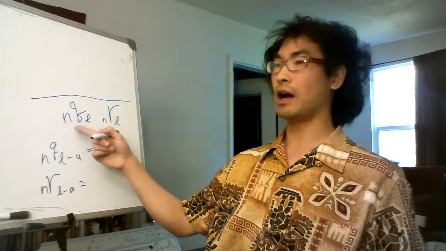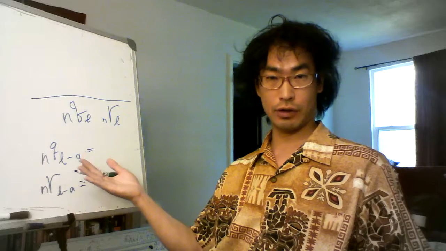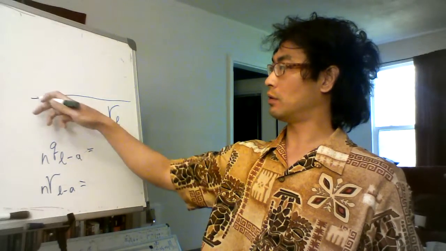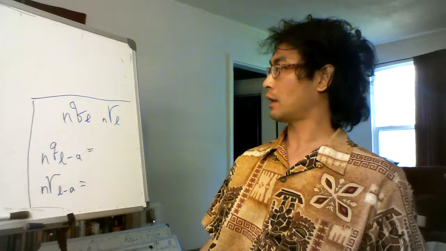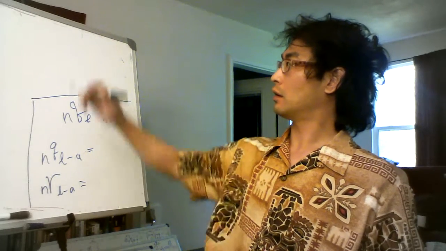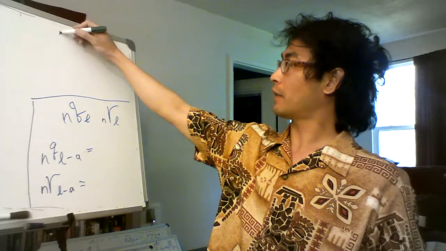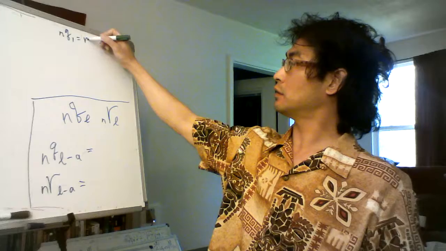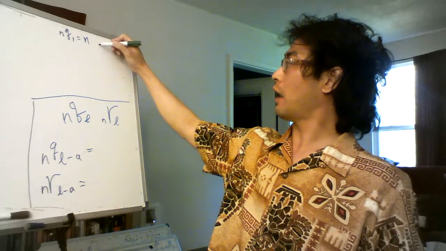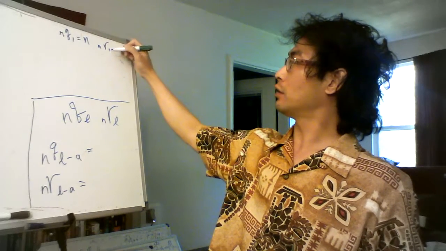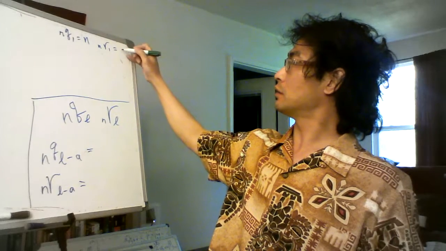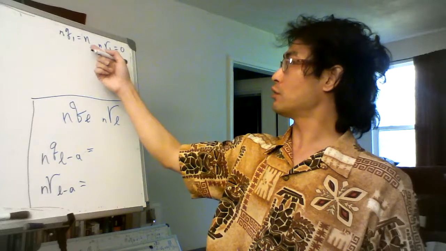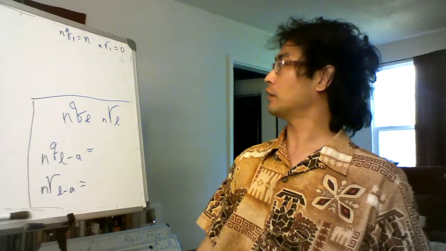I mean, you can divide 5 by 10. What is the quotient? Let's make some examples. N Q 1 is always N, right? And N R 1 is always 0, right? N divided by 1, the quotient is N and the remainder is 0.